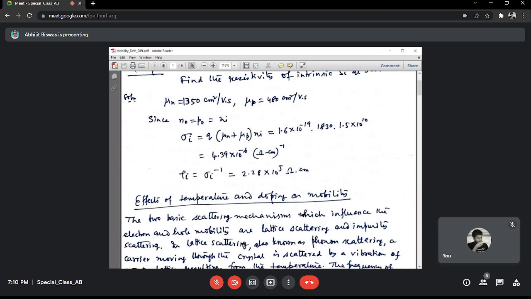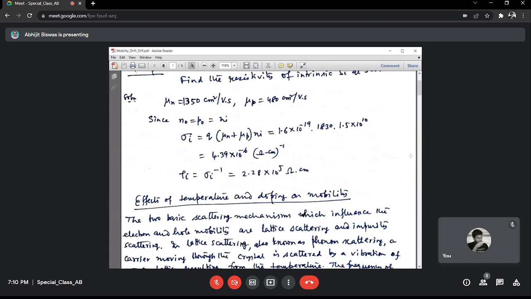And this kind of motion is called the drift motion of carriers. So the motion of the carriers under the influence of an electric field is called the drift motion of carriers.